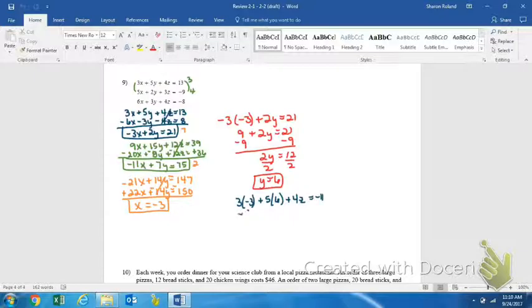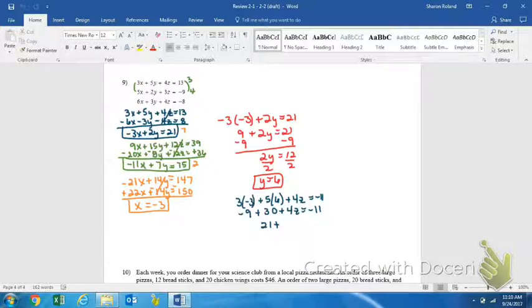So that's negative 9 plus 30 plus 4z is negative 11. That would be 21 plus 4z. That's not 11.